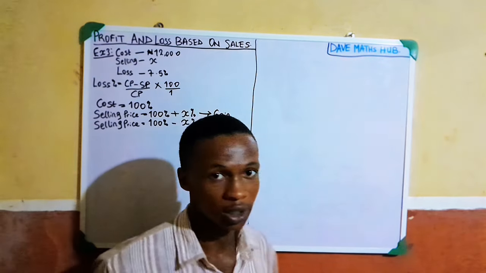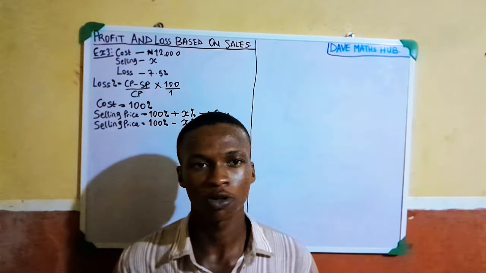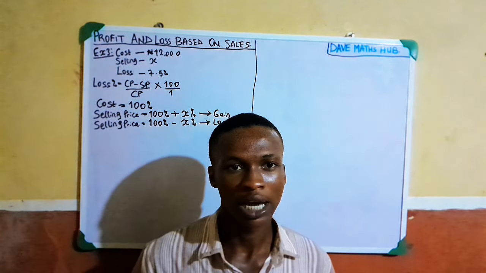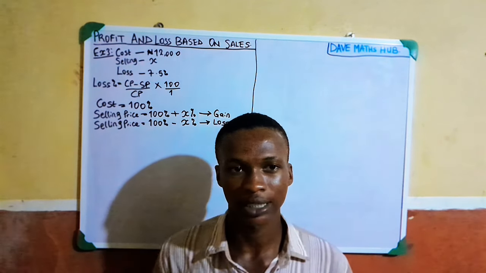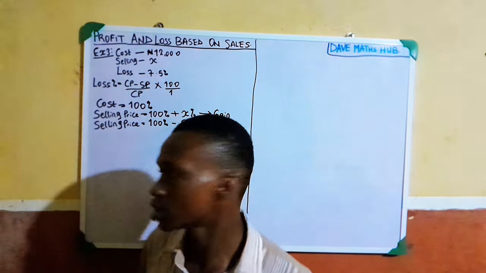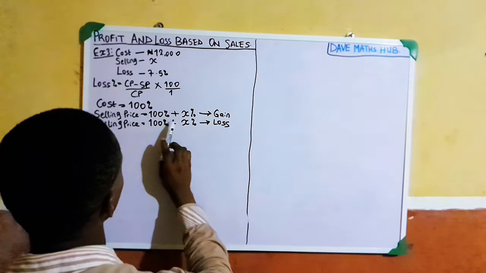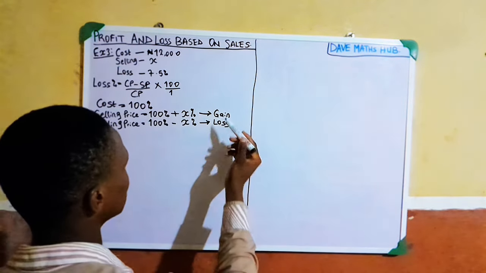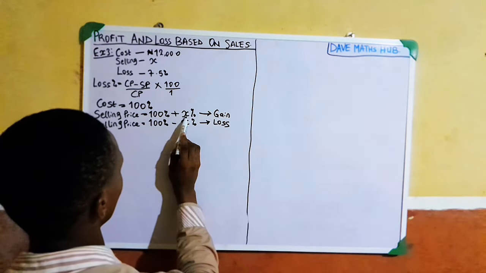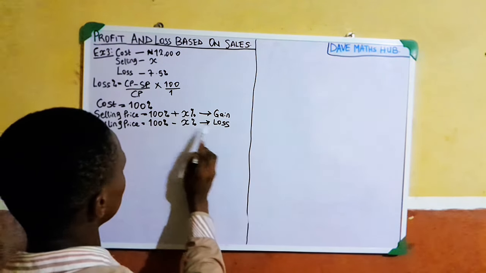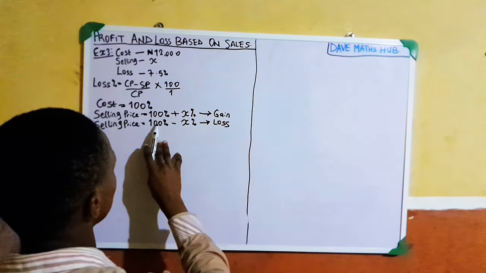What do I mean? From the beginning, I told you selling price is the amount gained when you sell an item above its cost price, while loss is the amount incurred when you sell an item below its cost price. This is what I mean. The cost is 100%, then the amount gained when you sell an item above its cost price is this addition of X percentage. Then a loss is the amount you sell below its cost price.